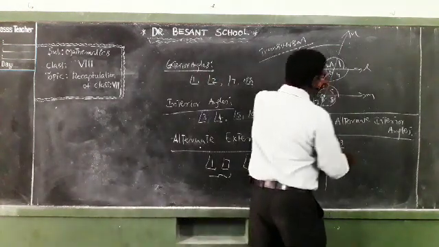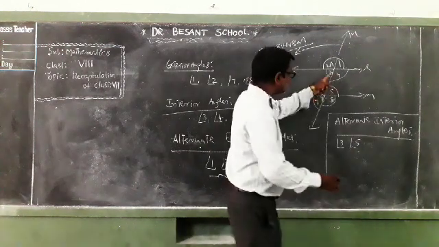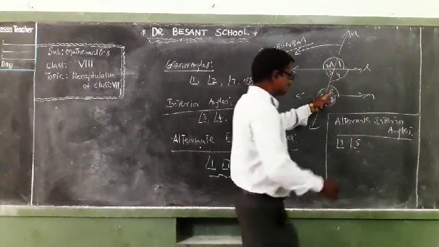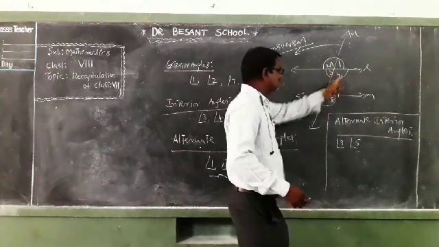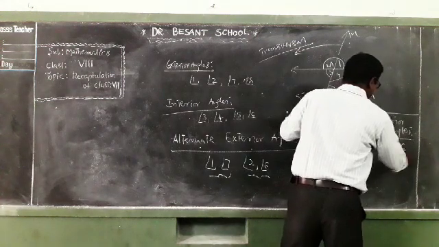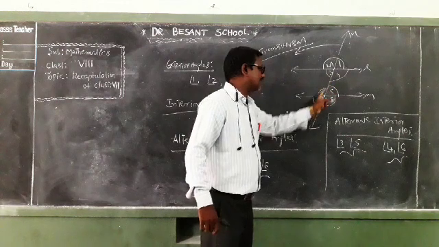What is the alternate interior angle for 3? Angle 5. Angle 3 and angle 5 are one pair of alternate interior angles. What is another pair? Angle 4 and angle 6. So angle 3, angle 5 and angle 4, angle 6.